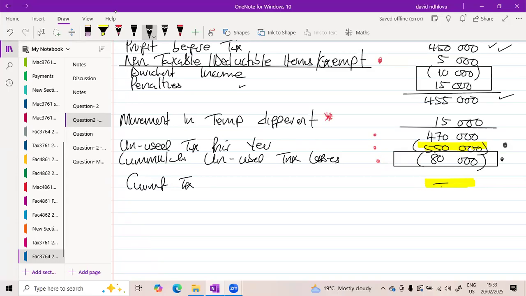So based on the accruals concept, it means that current tax should be accounted for in the current year. Now, the reduction to zero here is owing to an adjustment for prepayments, right? Not prepayment, this 550,000, which is the unused tax from the prior year, would have been accounted for in the prior year. It mustn't affect our accruals concept in the current year.